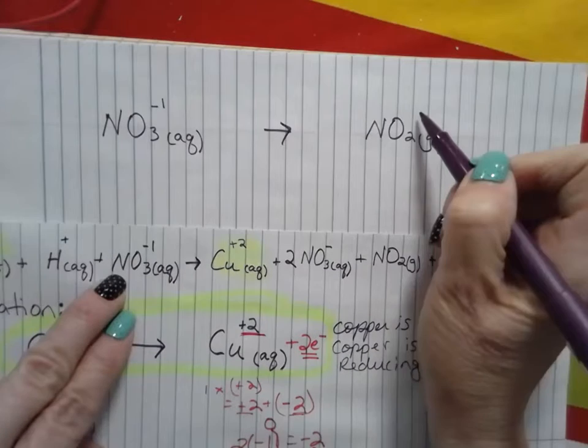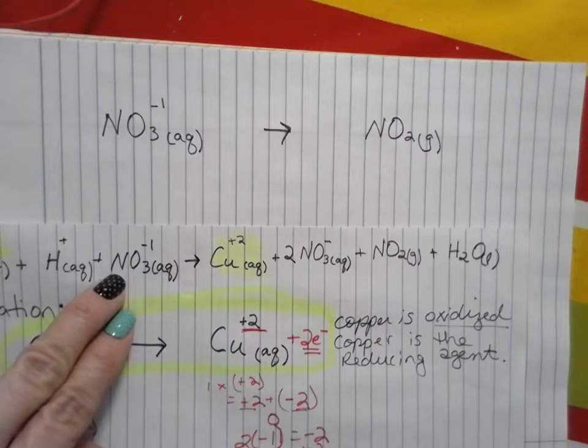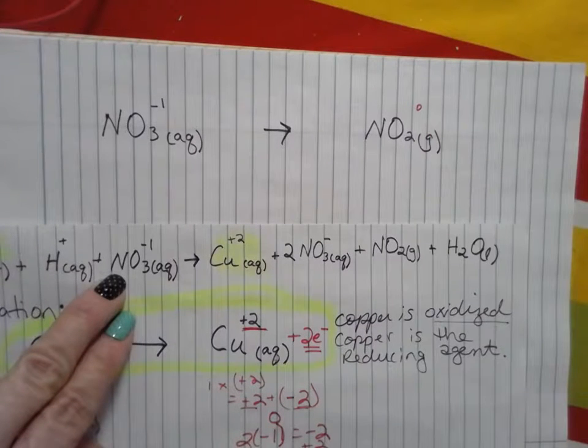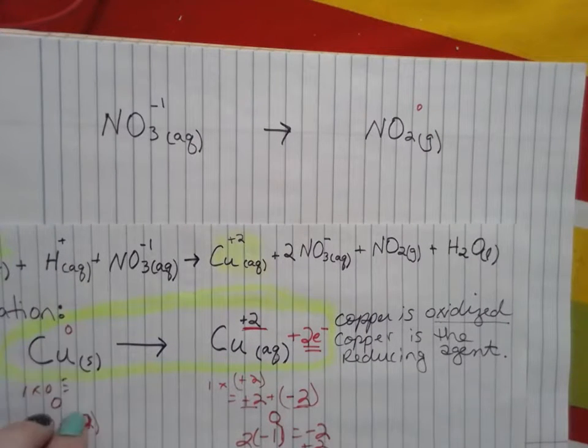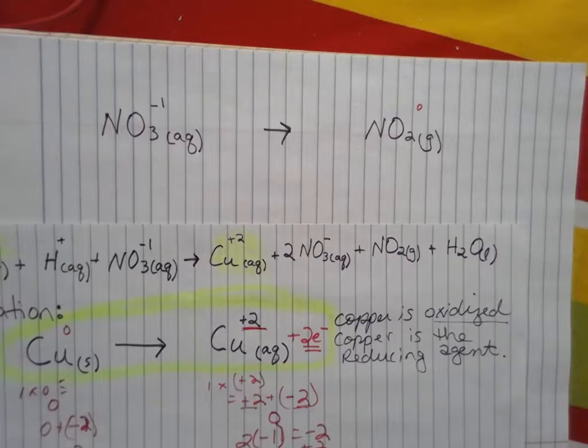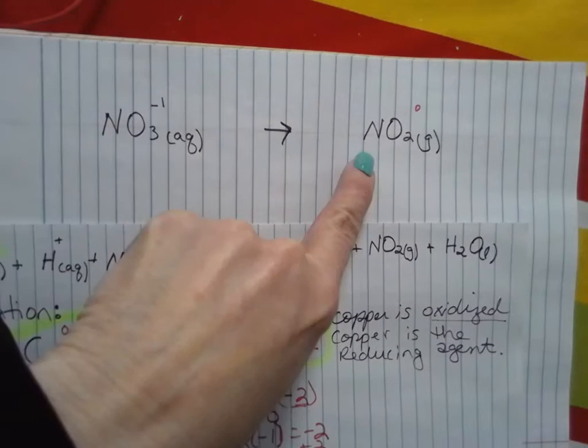And remember, this overall has a 0 charge. So step 1, I've got to balance my nitrogens, and that works out because I've got 1 nitrogen here and 1 here.